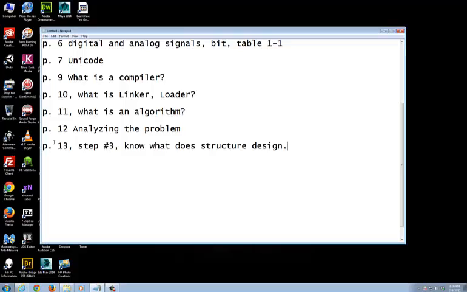At the top of page 20, read the structured programming section, especially the purpose: dividing the problem into smaller problems is called structured design. I'd like you to know that, and that's what this course is about.